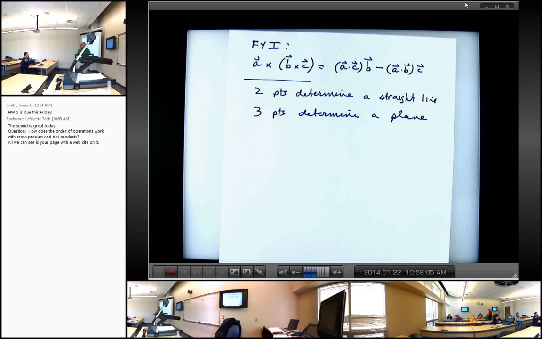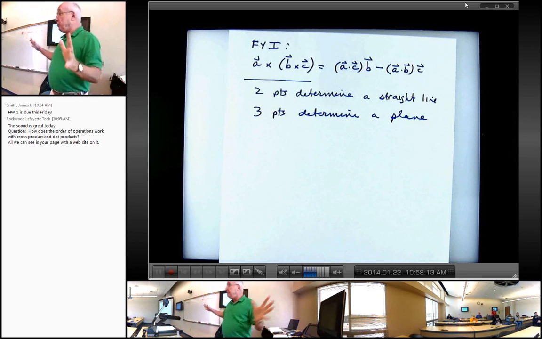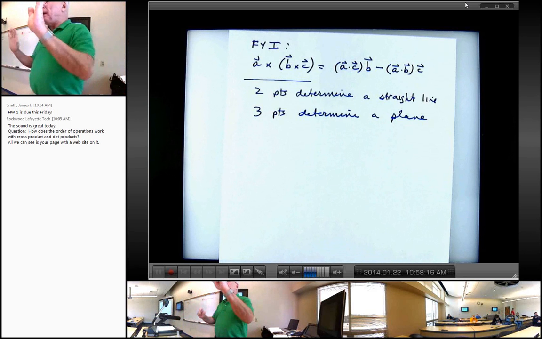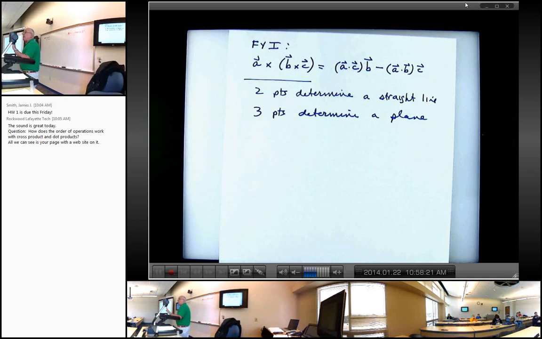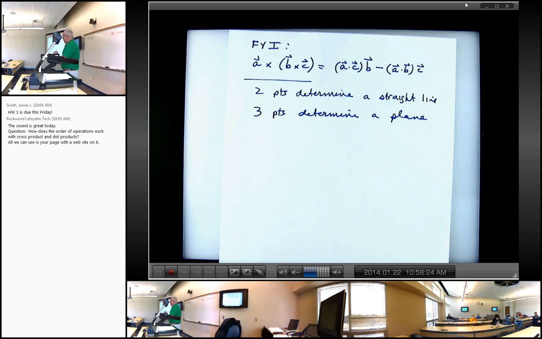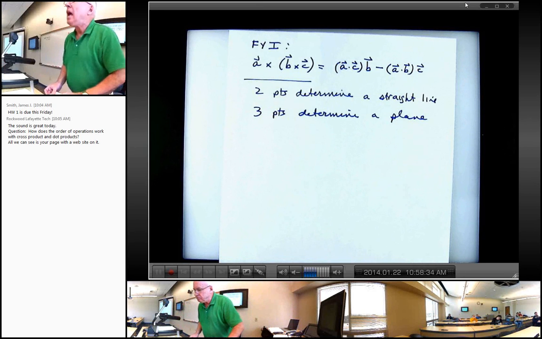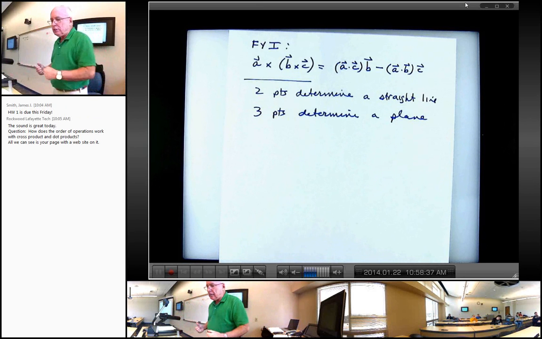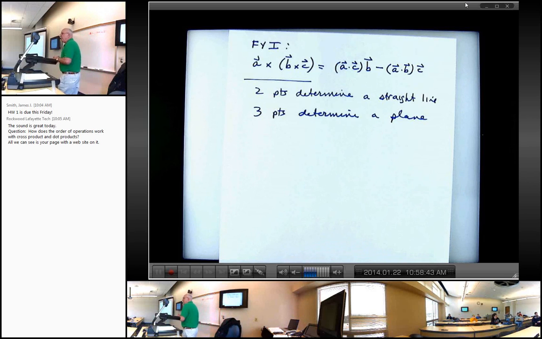And so, yeah, we can have 4 points that are on the same plane, because any single plane contains an infinite number of points. But my point being, no pun intended there, is that 4 points don't necessarily have to be on the same plane. But 3 of them absolutely will be on the same plane. Okay? All right. I think we'll take a 5-minute break, and then I'm just going to do some more work with that algebraically. Okay?